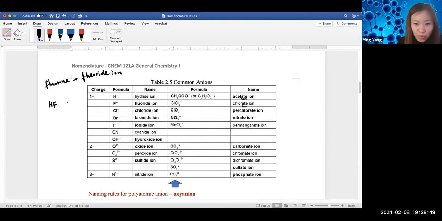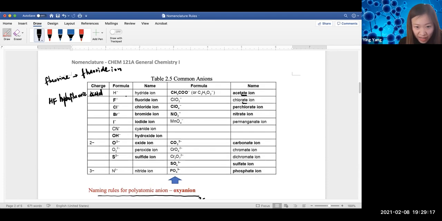And the name for this would be, we change the ending to -ic, right? And add acid. So first we'll do fluoric acid. And then we also need to add hydro- as a prefix. So it's hydrofluoric acid, right?